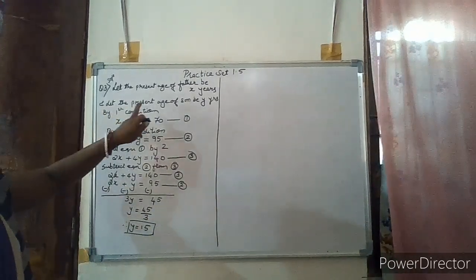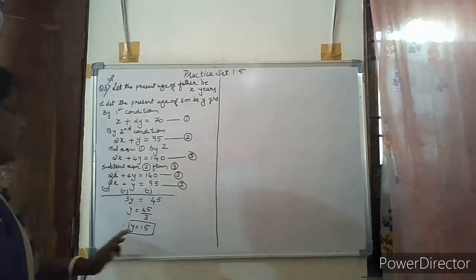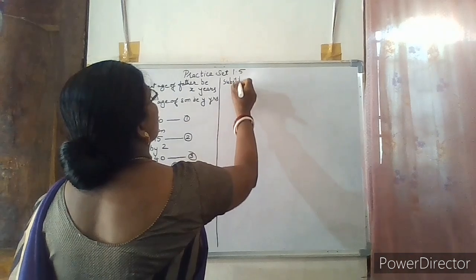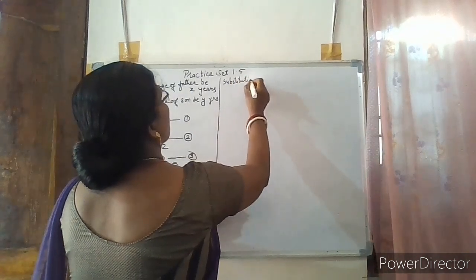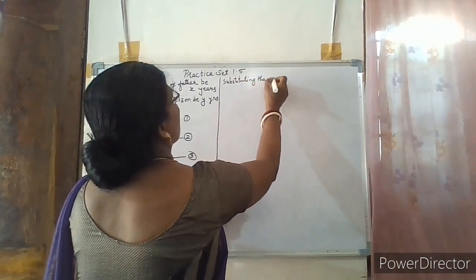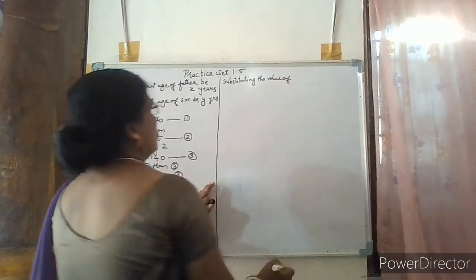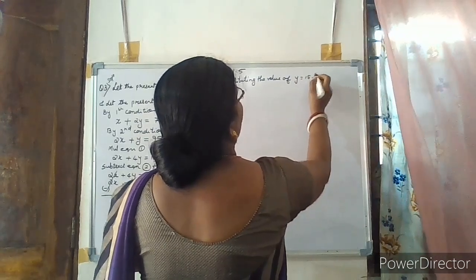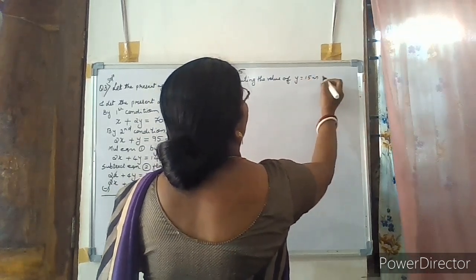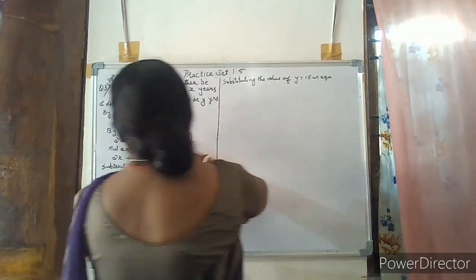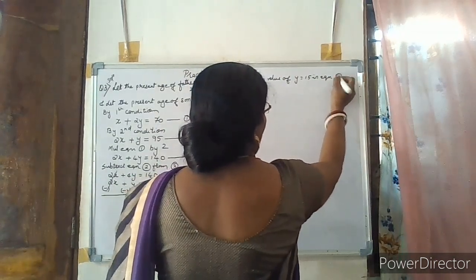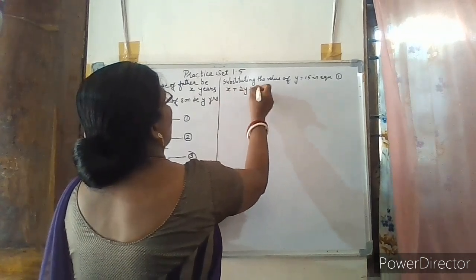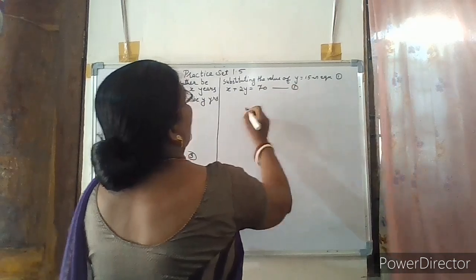And y is what? Present age of the son. So now substituting the value of y equal to 15 in an equation, either we take 1 or 2, any. Let us take equation 1. So x plus 2y equal to 70, equation 1.